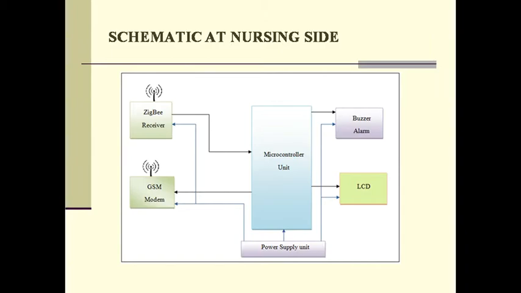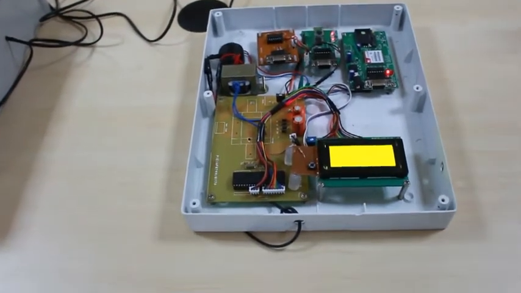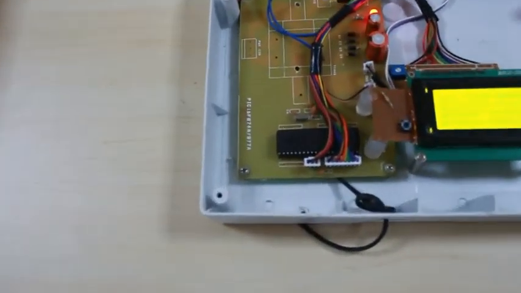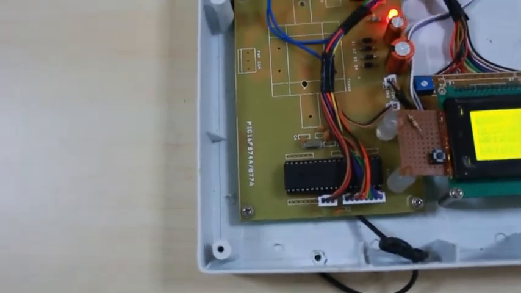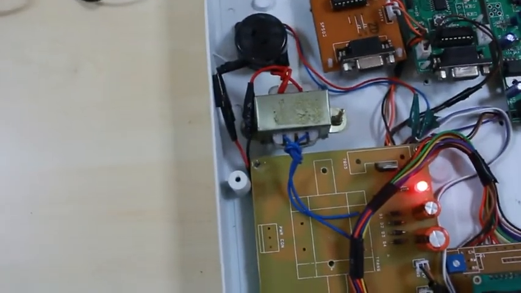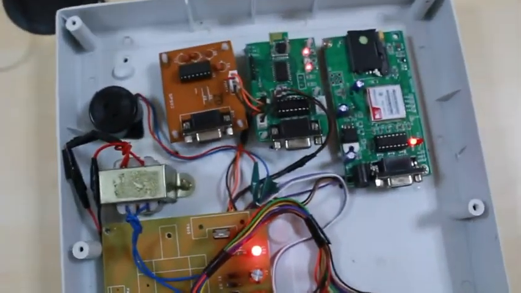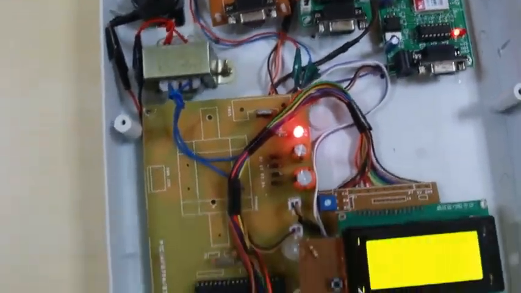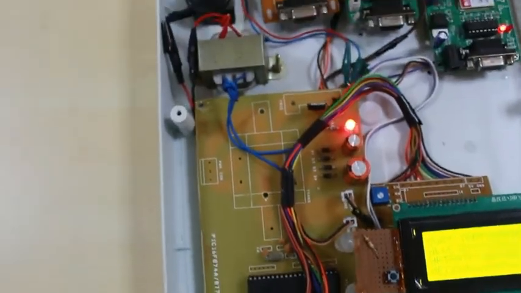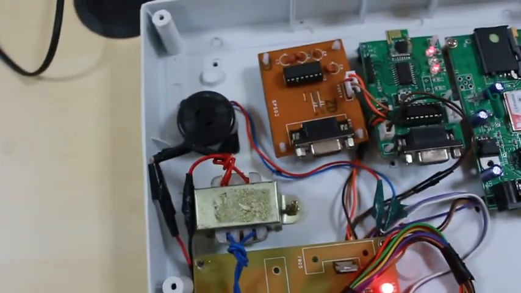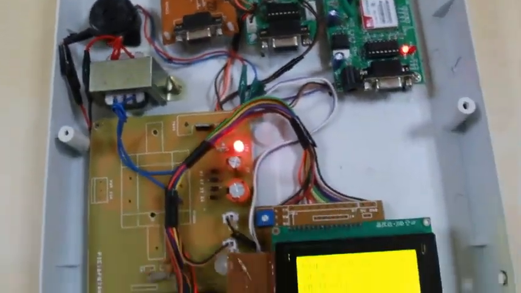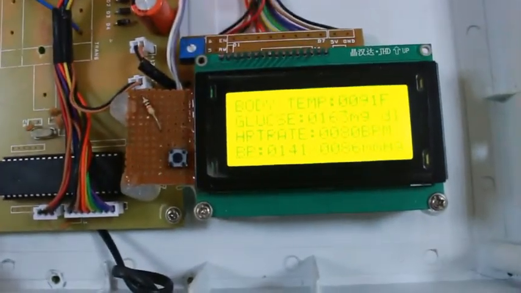Nursing unit. Here we use a PIC16F877A microcontroller unit with SMPS designed for 5 volts DC supply. The Zigbee receiver is interfaced with the microcontroller using a MAX232 UART port. The data received in the form of packets is separated and stored in the variables of relevant body parameters.